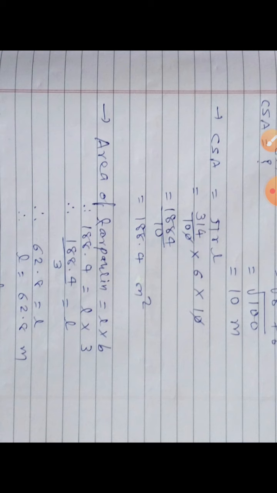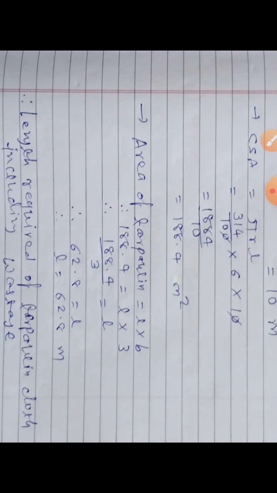Why? They told in the question that 20 centimeter of length is being wasted in stitching. So you have to purchase 20 centimeter more length than counted. So we will not buy 62.8 meter length of tarpaulin, but 20 centimeter extra.